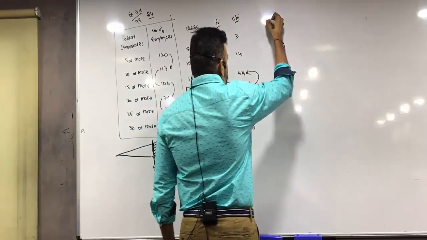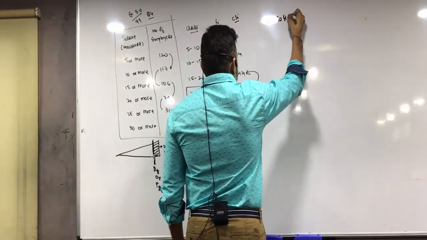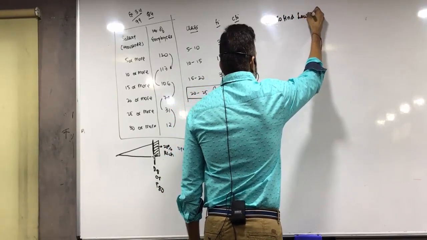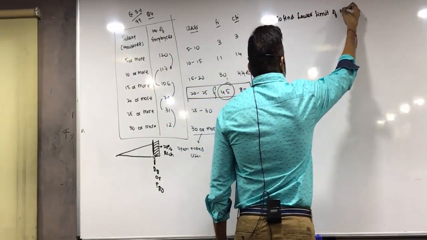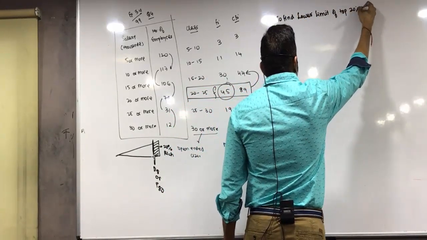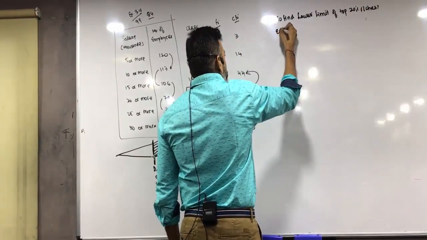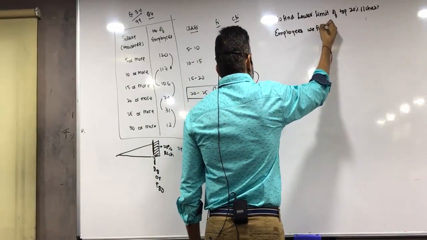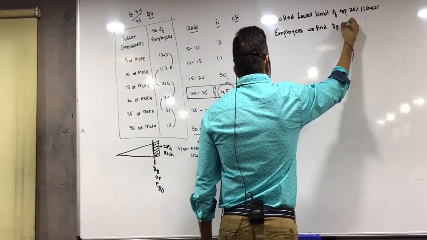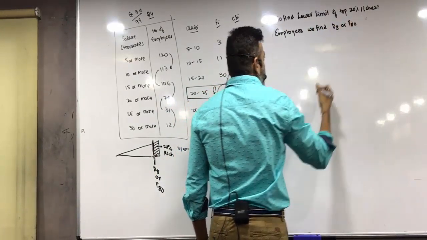To find the lower limit of the top 20% richest employees, we find D8 or P80.